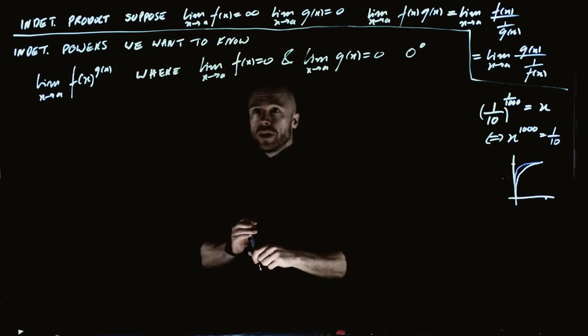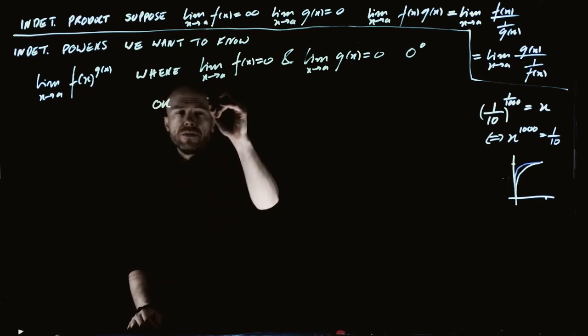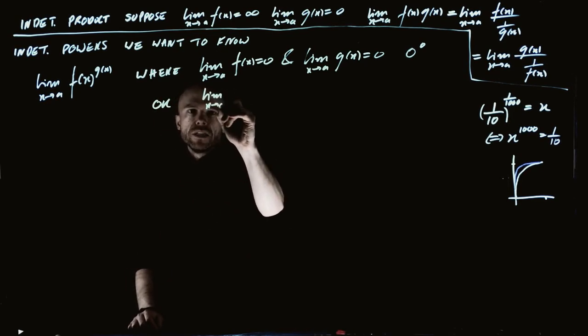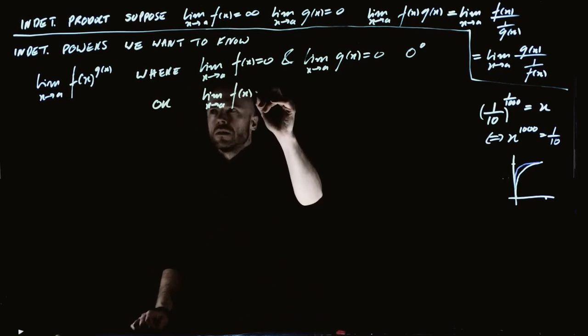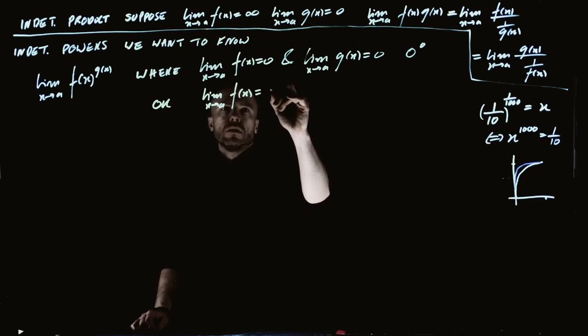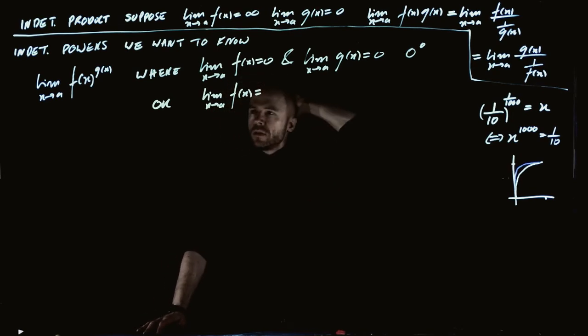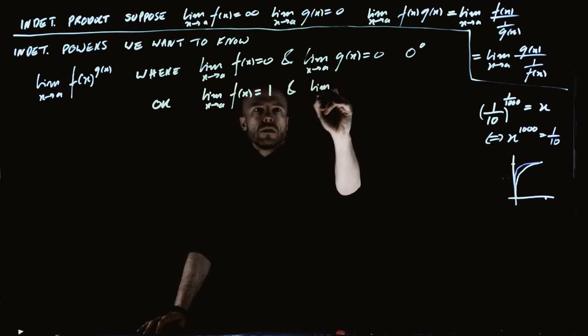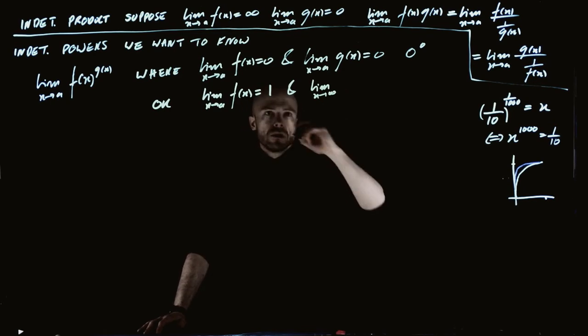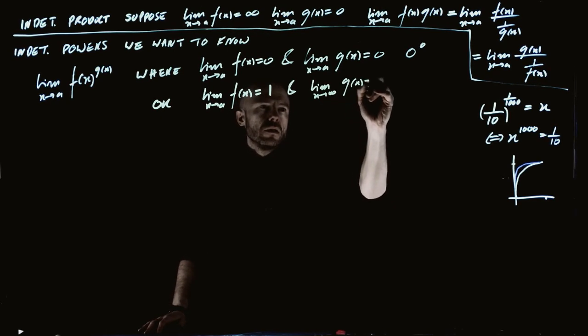And other situations we can have where the limit as x tends to a, f of x is equal to, what other one do we have? We have the limit where this guy is 1 and this guy, x tends to infinity, g of x equals infinity.